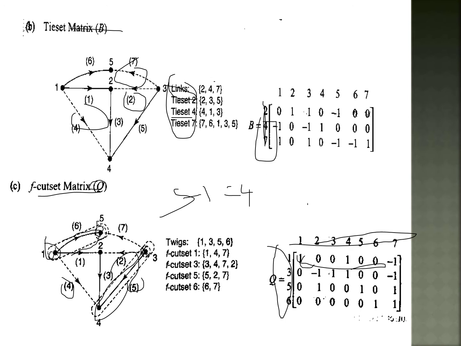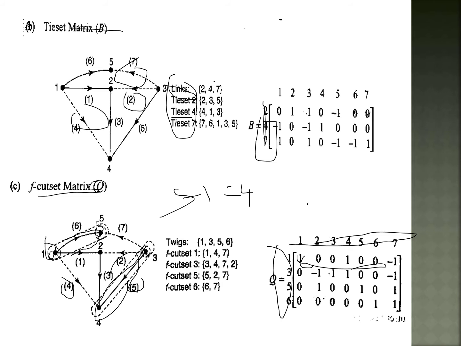So this is the tie-set matrix with the links. The links are 2, 4, 7. These are the chords of the co-tree. All dotted lines represent the co-tree and all complete lines represent the tree branches.